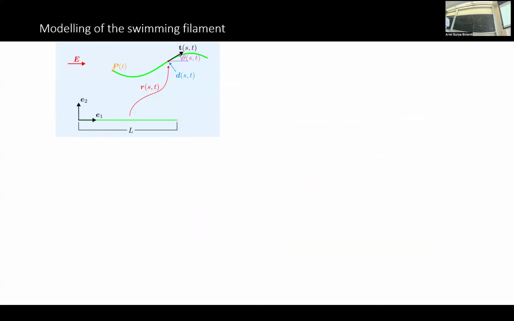Now we would like to understand what's going on, and for this reason we develop a simple mathematical model which allows us to describe in a more formal way what's going on.